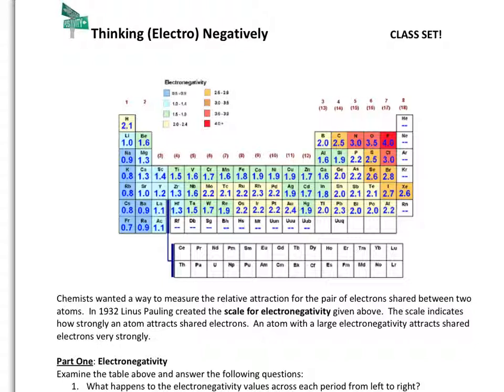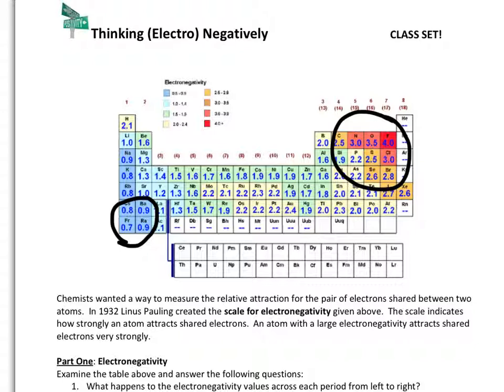So we can see on this chart here that the highest electronegativity values are these guys over here, the 2s, 3s, and fluorine, that makes 4. And the lowest electronegativity value is down here, with cesium and francium. They're 0.7 and 0.8. So we can see there's a drastic difference in electronegativity.